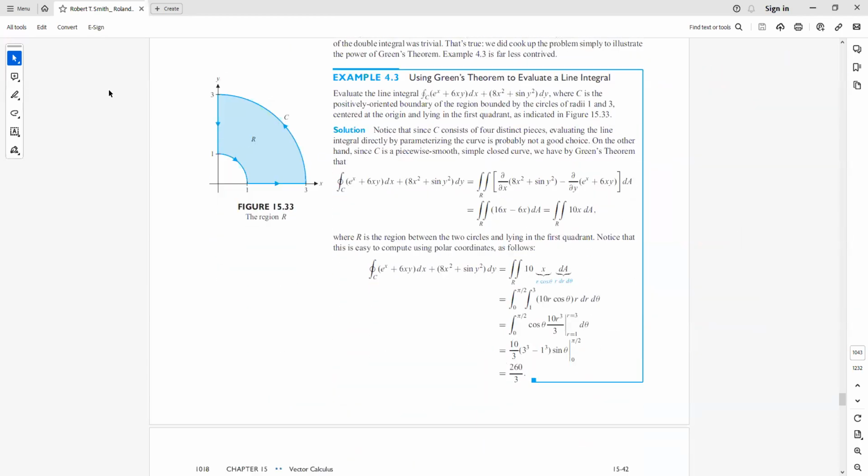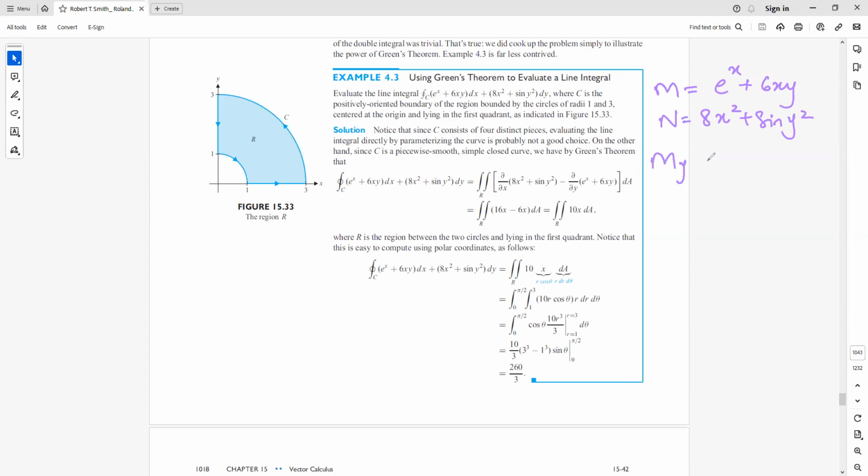Now one more example, we can see here that we need to find a line integral, but we will use Green's theorem. So M in this case is given as e to the power x plus 6xy, N equals 8x squared plus sine y squared.